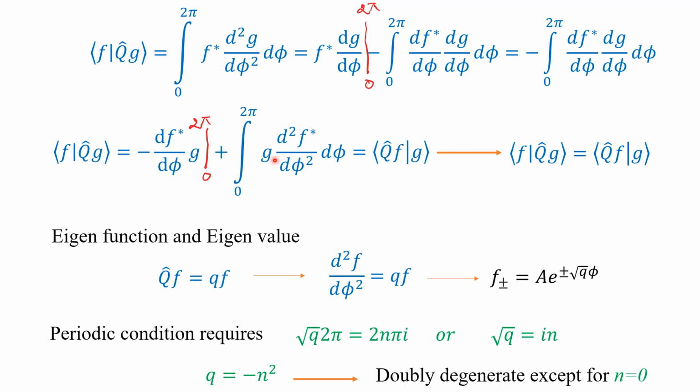Then as usual, as a convention, you take the complex function first, so you bring g next.